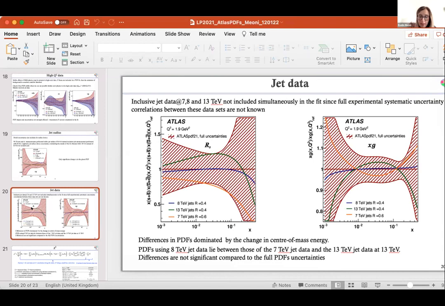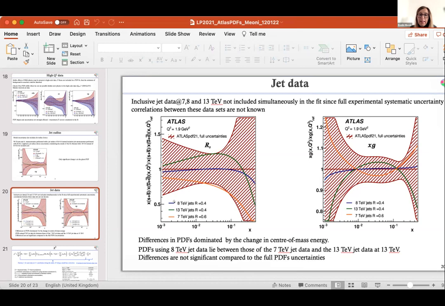Later, what we did is summarized in these two plots here. We ran the nominal fit with the 8 TeV data at 0.7, with the comparison in blue with the result with the other radius 0.4, so this is the effect of the change.